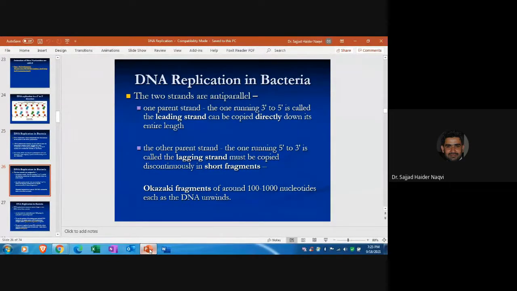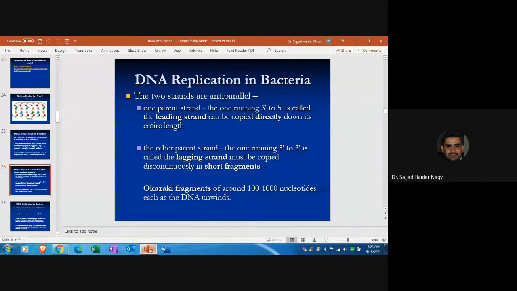Now, as I repeatedly said, when we talk about the DNA molecule, it doesn't matter whether it's the circular DNA of a prokaryote or the linear DNA of a eukaryote, each DNA molecule is a double-stranded molecule. It's just about how it is arranged. In prokaryotes, the double-stranded DNA is in a circular form, and in eukaryotes, the double-stranded DNA is linear.